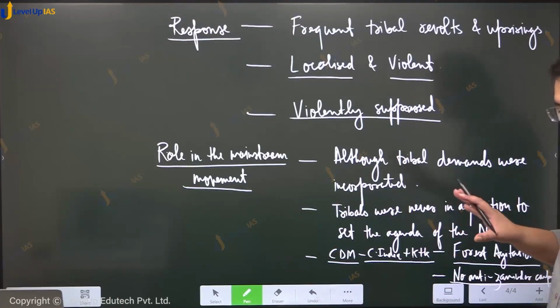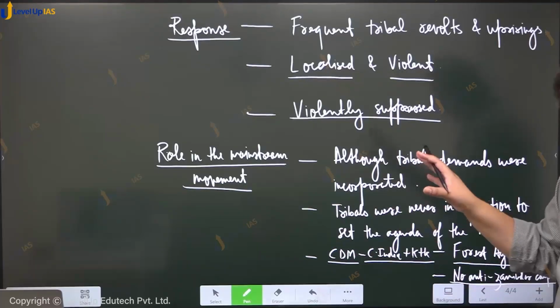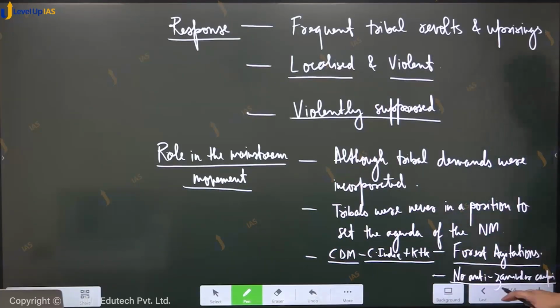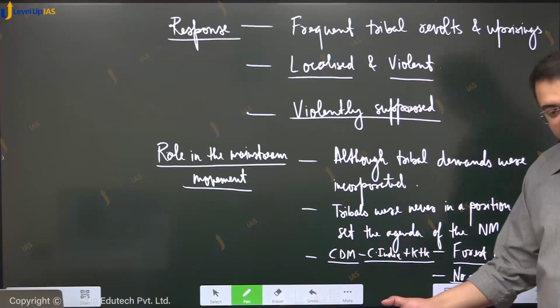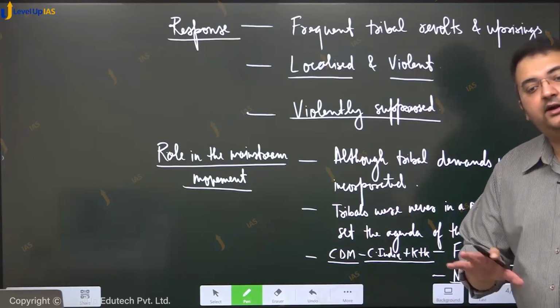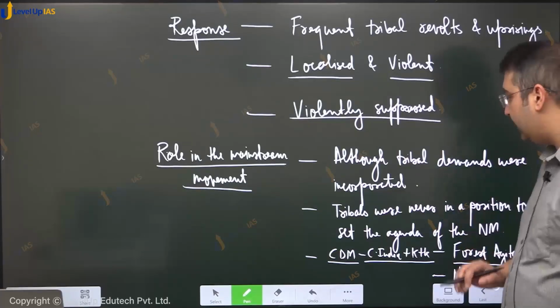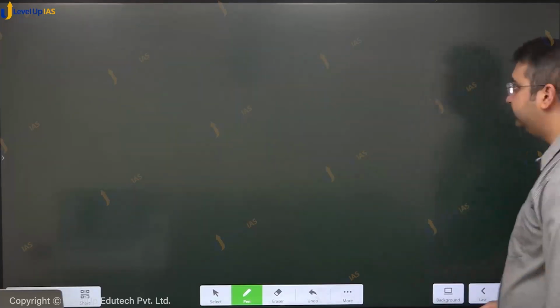Now, with the liberation of India, while British exploitation stopped, the exploitation of zamindars and moneylenders, and of other groups, in the tribal areas did not disappear. Right? And what was the result of that?